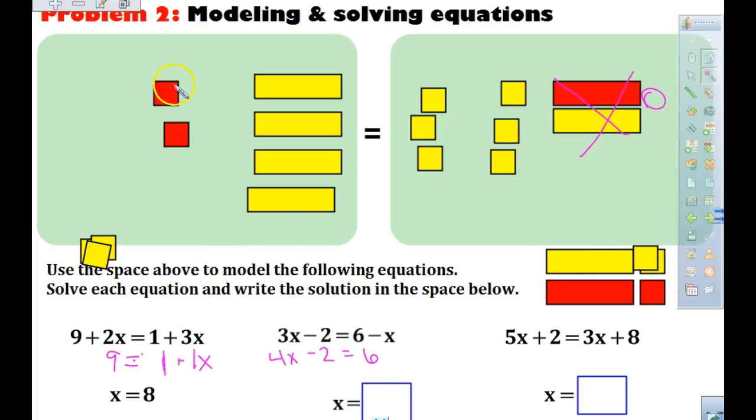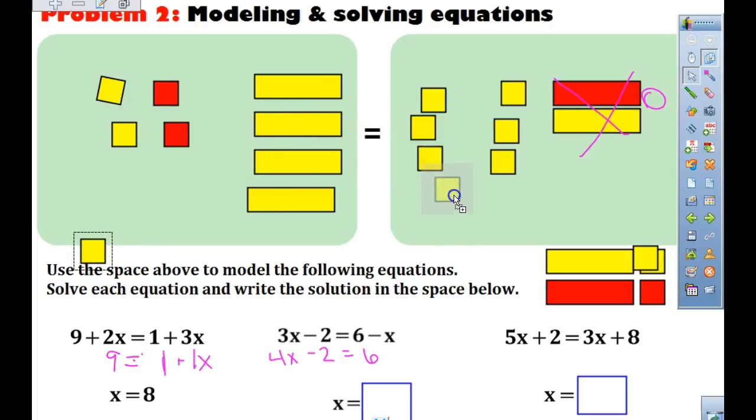Now with these two negatives, how do I get a positive to get 0? I need to add 2 what to both sides? 2 ones, right? I'm going to add 2 on this side. Please do the same thing on the other side of your equal sign. Add 2 ones.